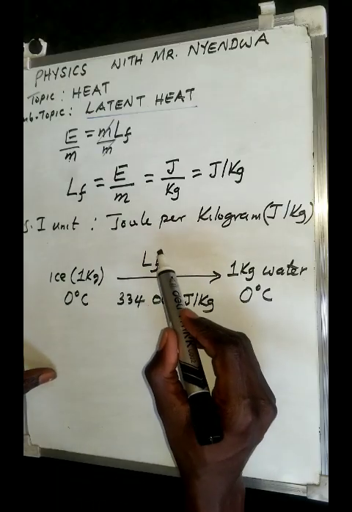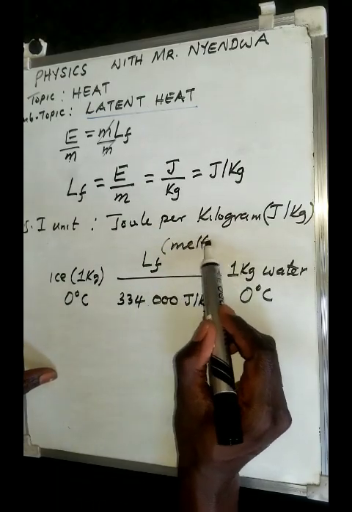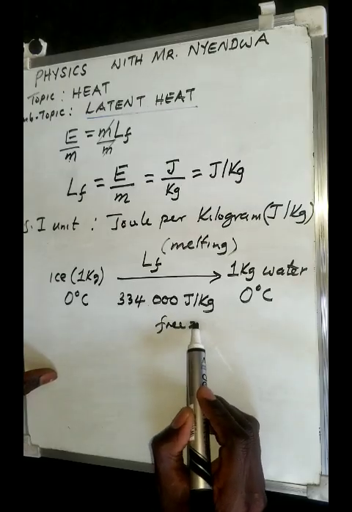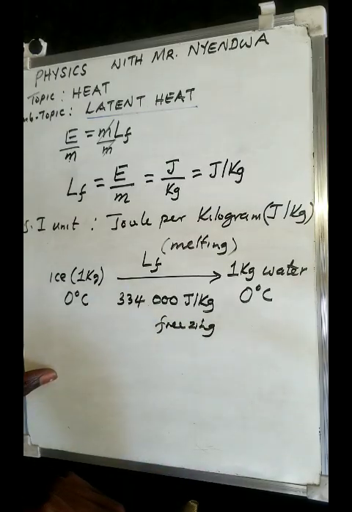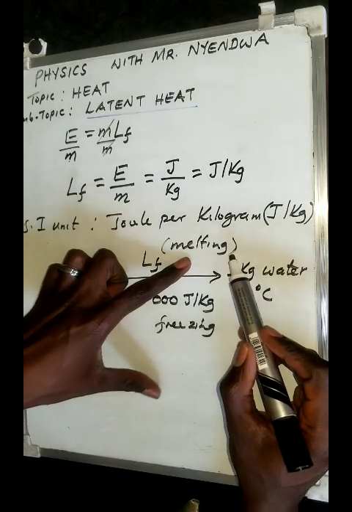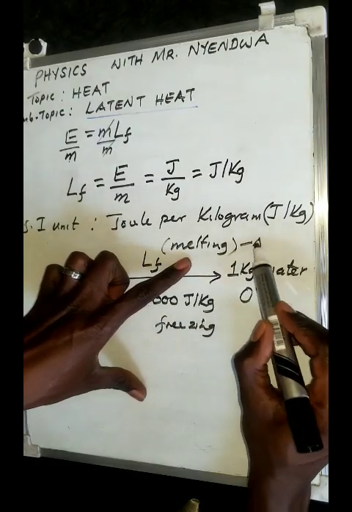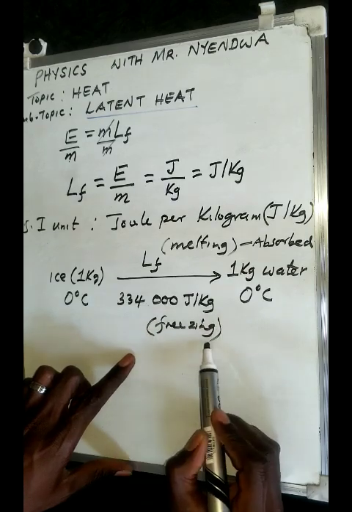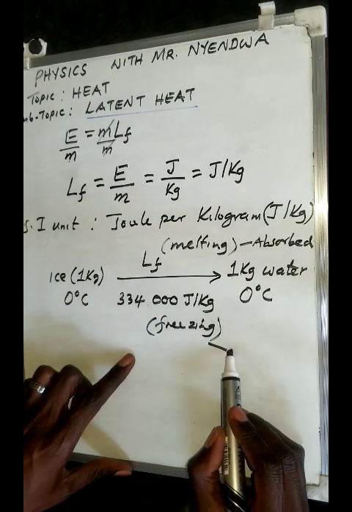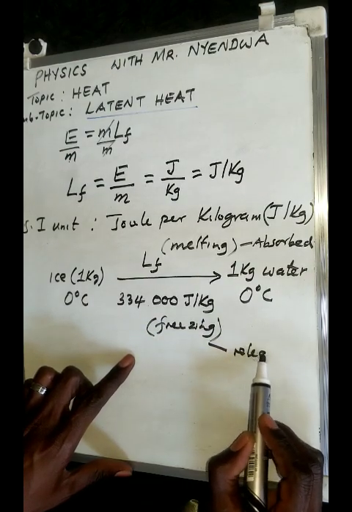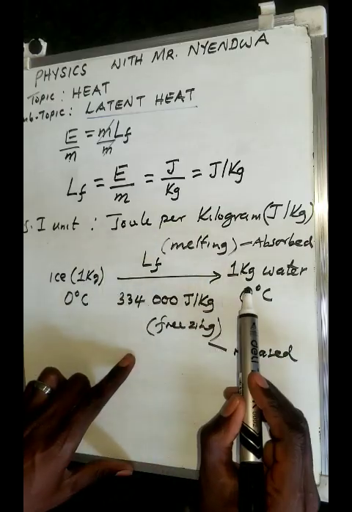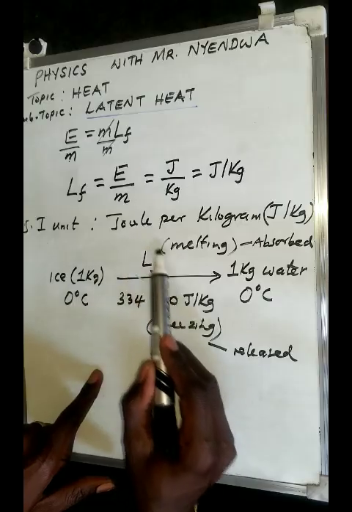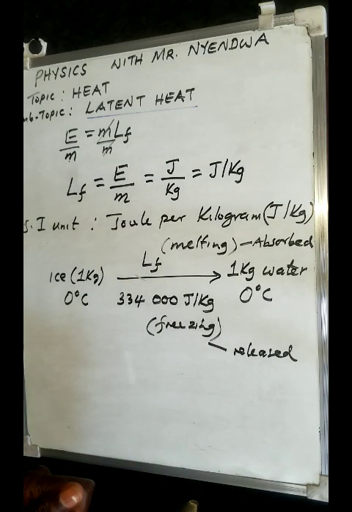So when melting is taking place, energy has to be absorbed. But when freezing is taking place, the heat energy has to be released. So the same amount of energy is going to be needed. Whether melting or freezing, that is the specific latent heat of fusion.